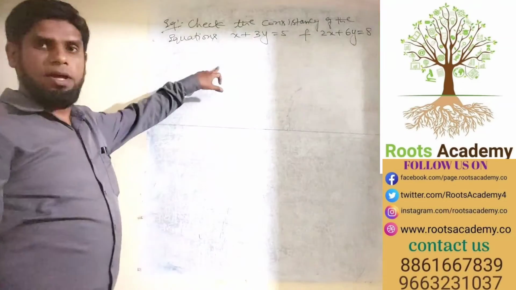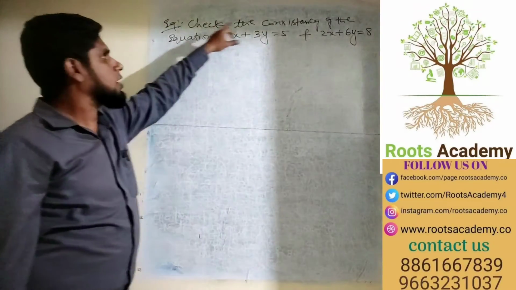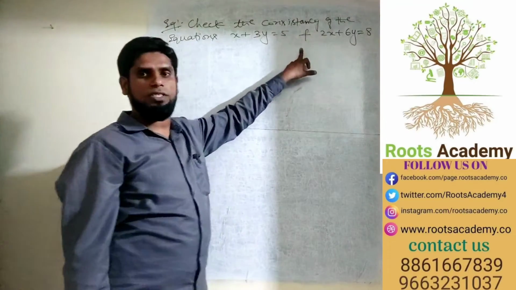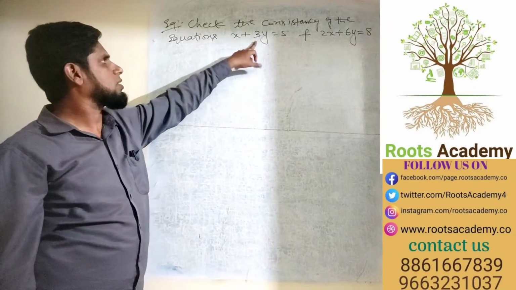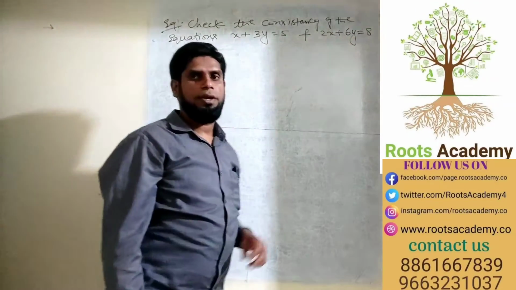So student, this time again he has given two equations and he is asking the same thing. We should check the consistency of these two equations. The equations are x plus 3y equals 5 and 2x plus 6y is equals to 8.